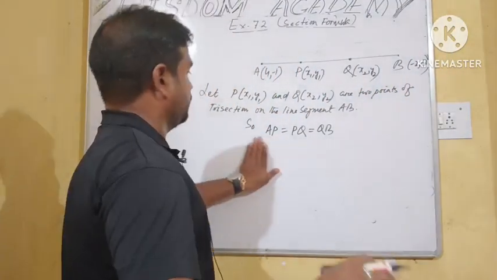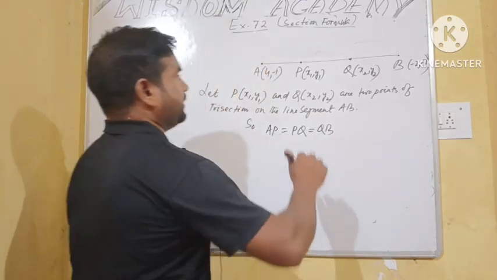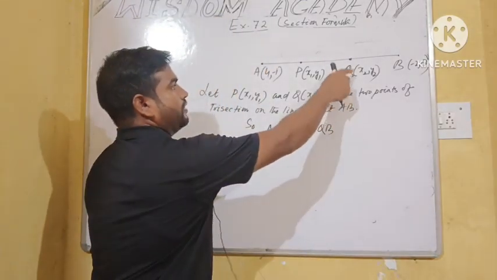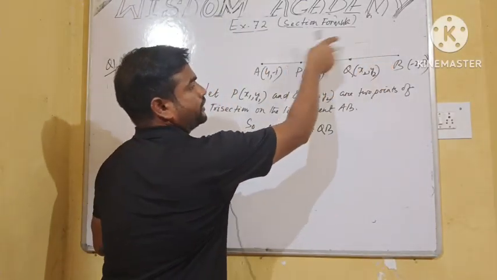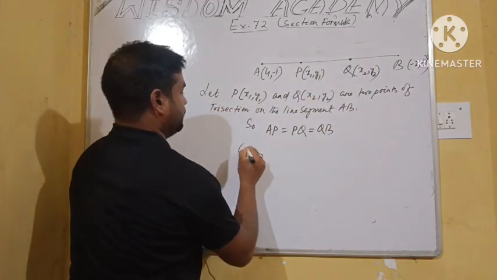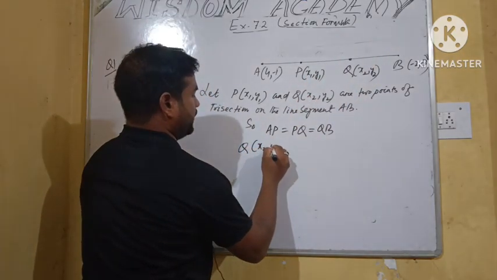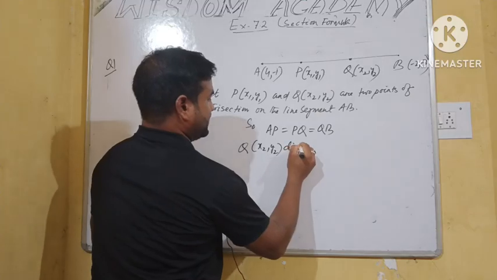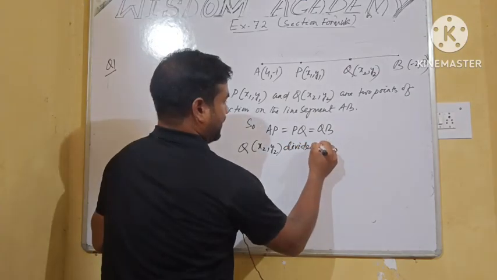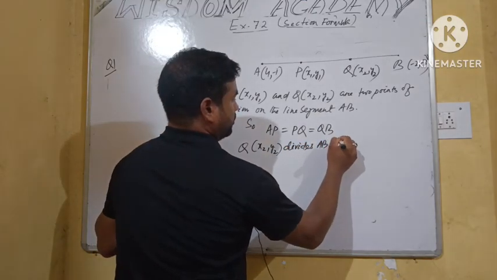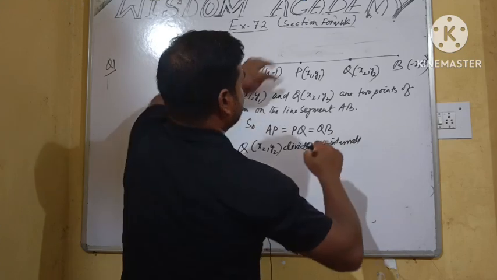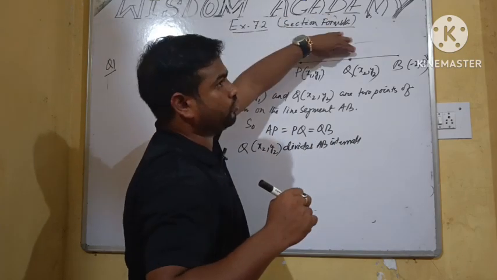Similarly, we can write Q divides AB in the ratio 2:1. Write down Q (x2, y2) divides AB internally in the ratio 2:1. P divides AB 1:2.